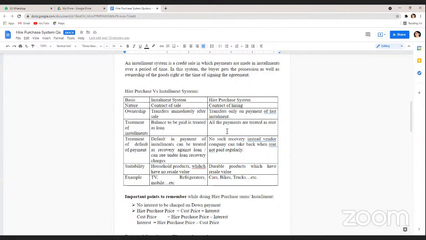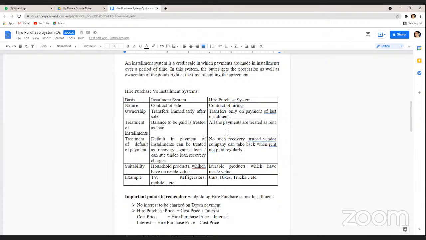Whereas in the hire purchase system, it is not like that, because whatever number of installments you pay during this period, we call it rent, so no recovery arises here. Instead, if the hire purchaser does not make the regular payment of installments, the seller can take the product back.